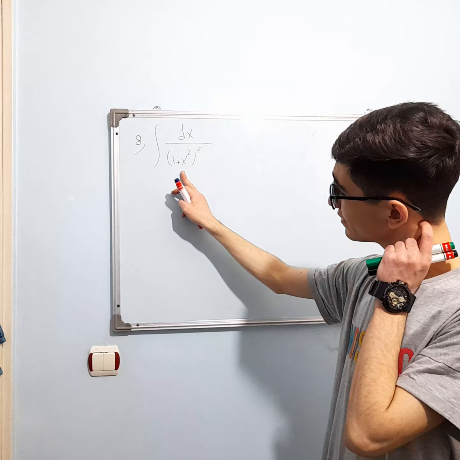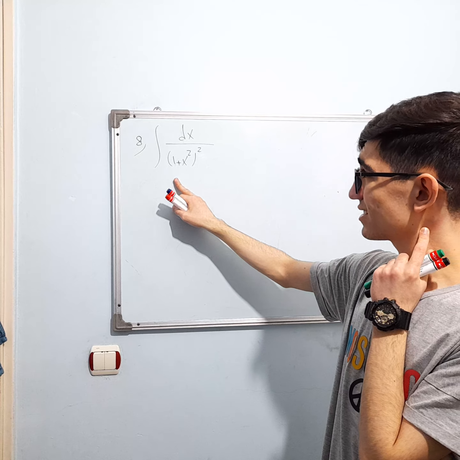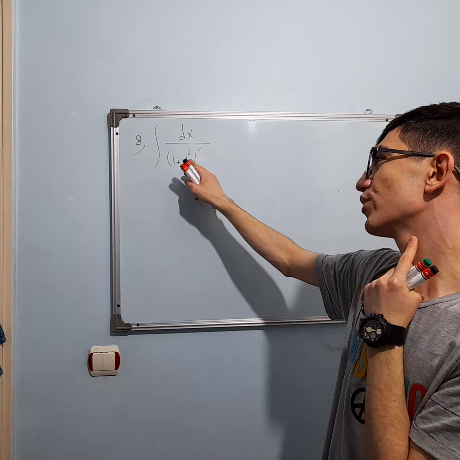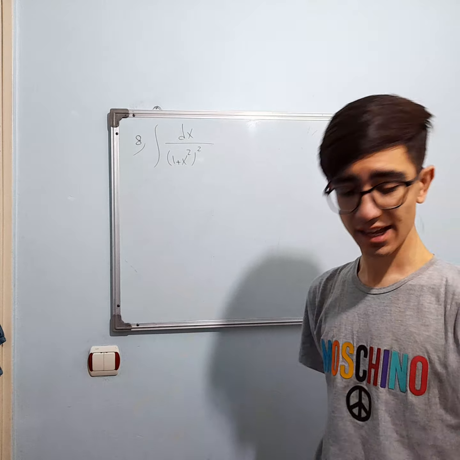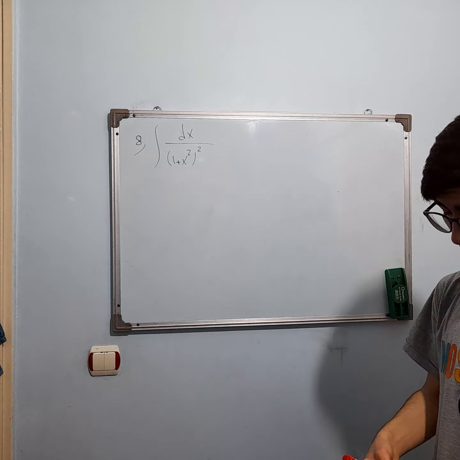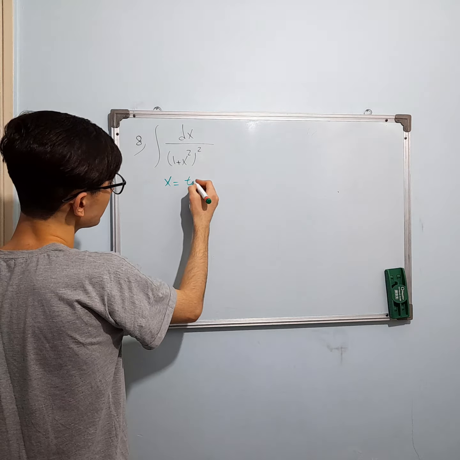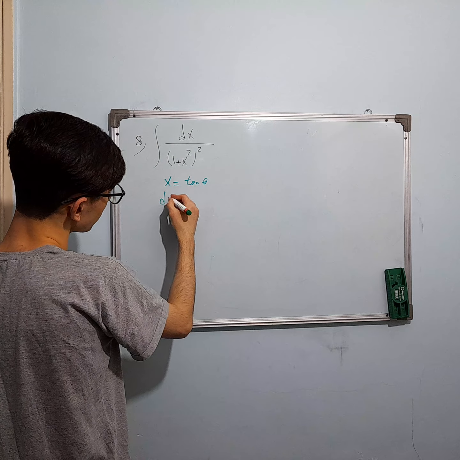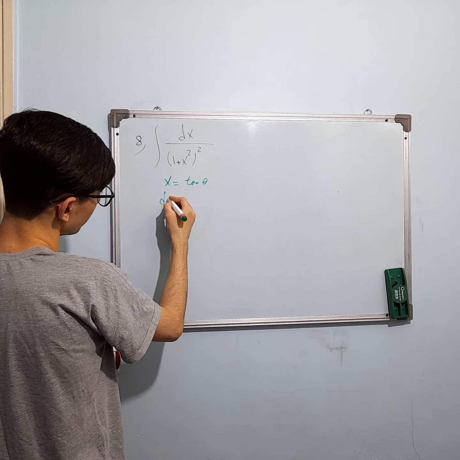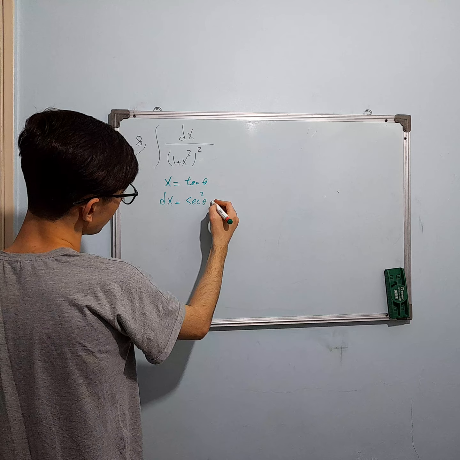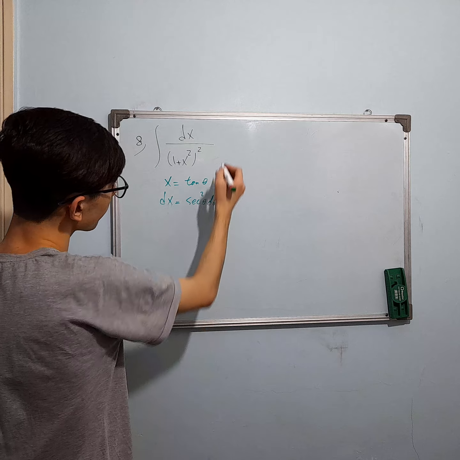If I take x as tangent theta, then 1 plus tangent squared theta is secant squared theta. Let me write it for you: x equals tangent theta. Differentiating both sides, dx is secant squared theta d theta.